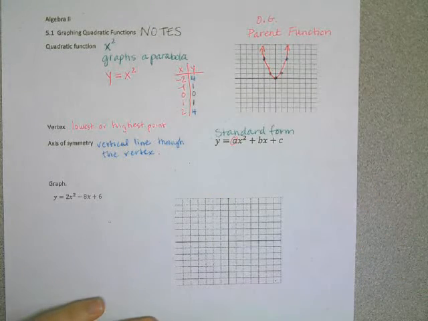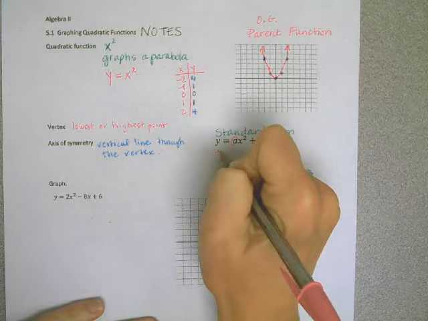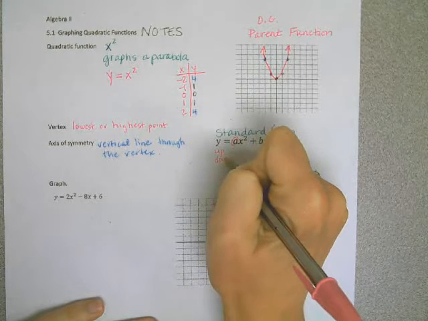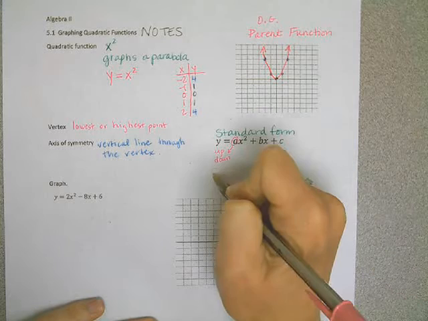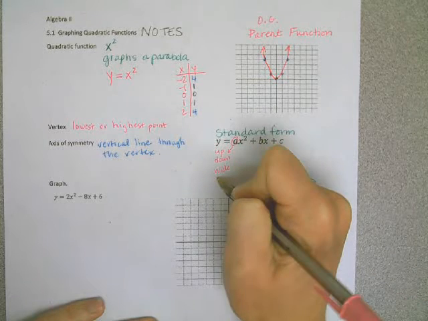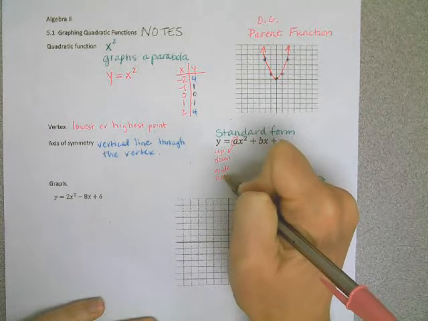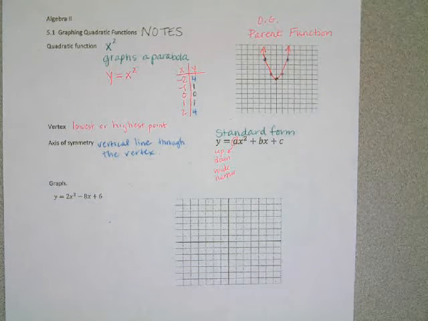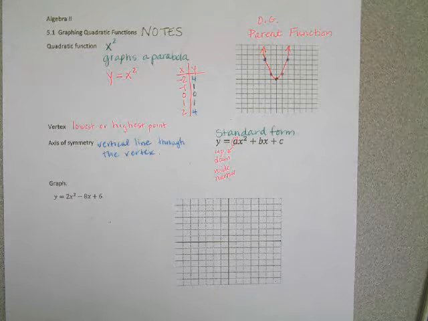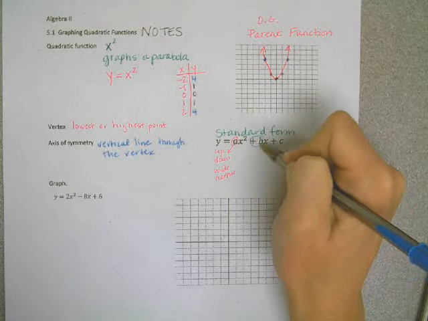The a is going to tell you multiple things. It's going to tell you if it opens up or down. It's also going to tell you if it's wide or narrow. If it's just a 1, it's not going to be wide or narrow. It's going to be just the same width as that one. B is going to tell you some information about your vertex.